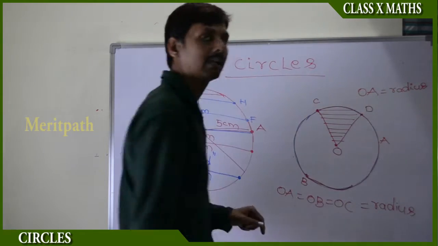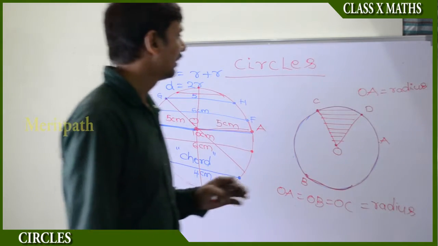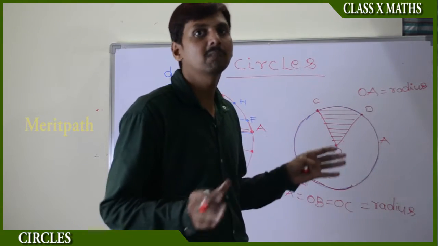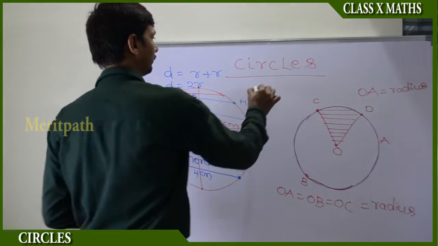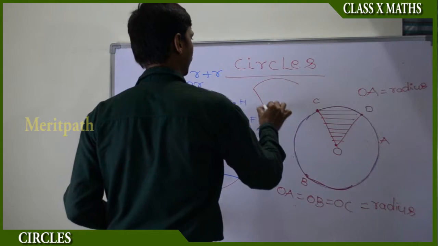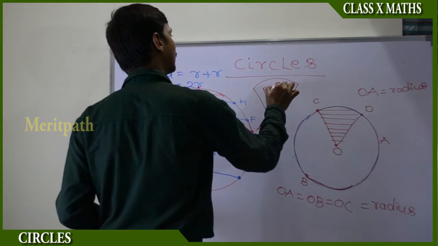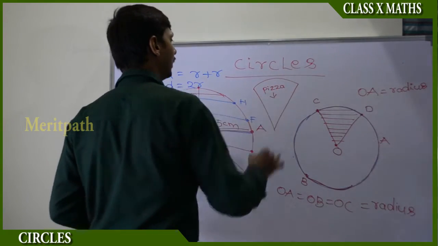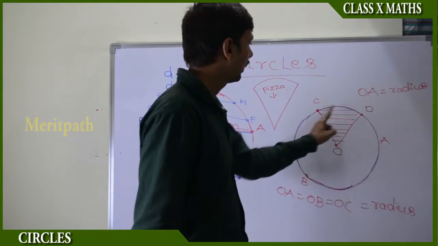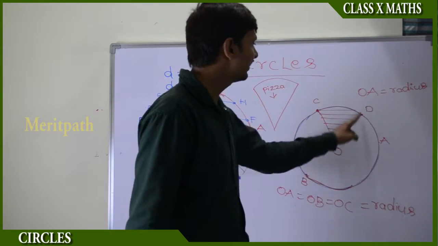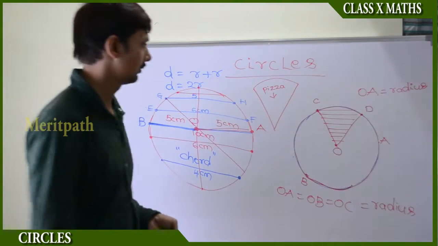It's nothing but when we take a pizza and cut it into some parts and take that part of the pizza. This part of pizza is called a sector, the region formed. Here, this is called the sector of the circle.